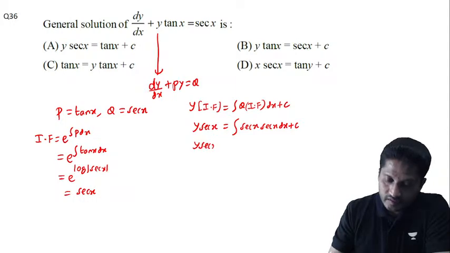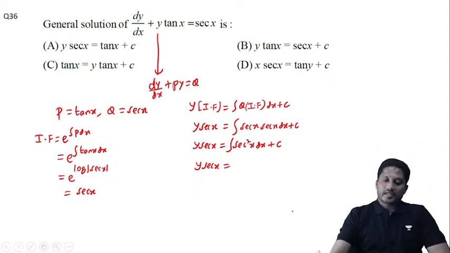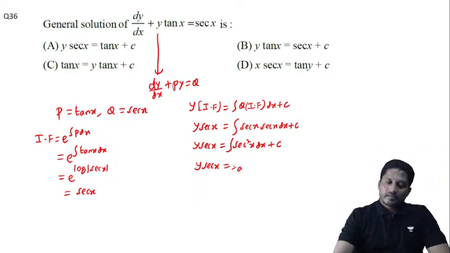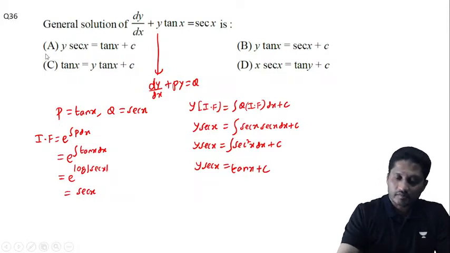Y into sec x is equal to integration of sec square x dx plus c. That is y into sec x is equal to integration of sec square x, which is tan x, plus c. Answer is option A. Y into sec x is equal to tan x plus c.